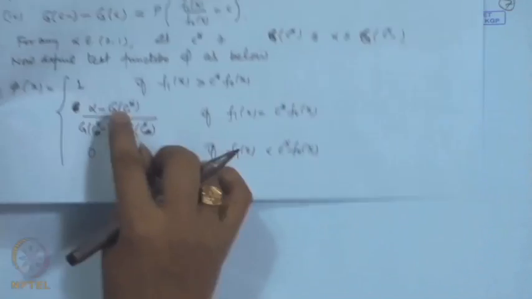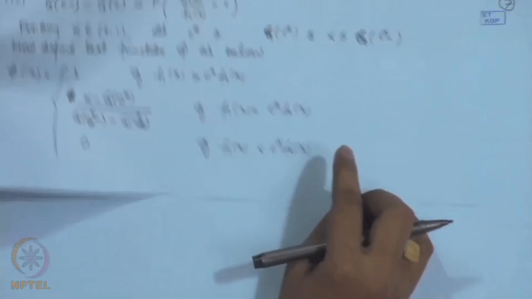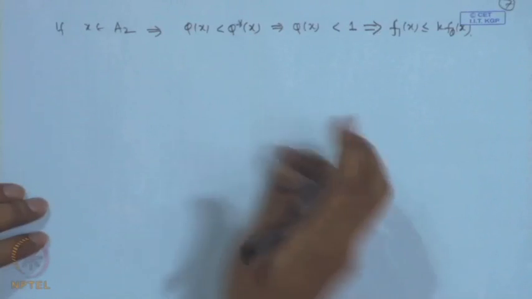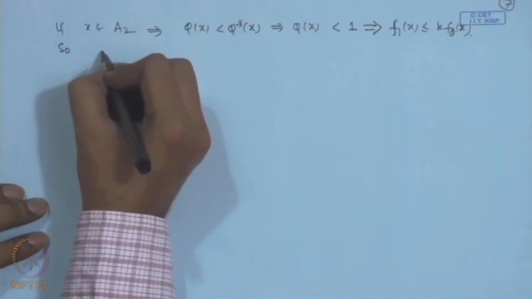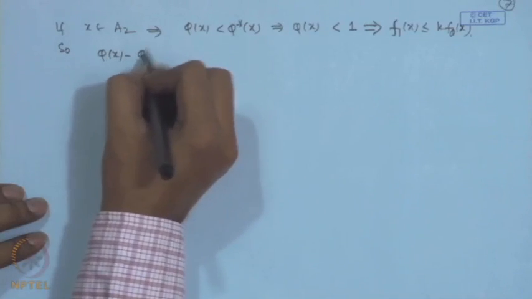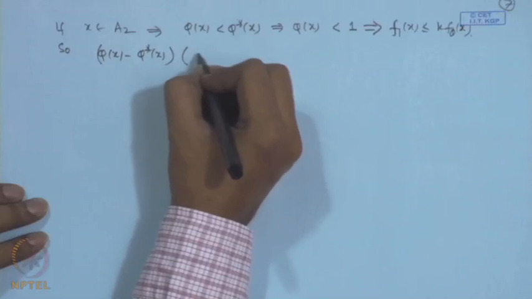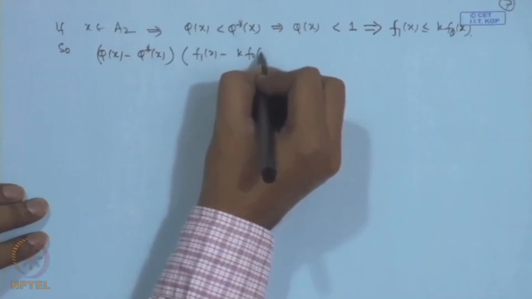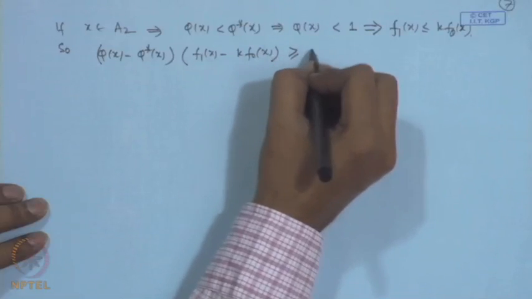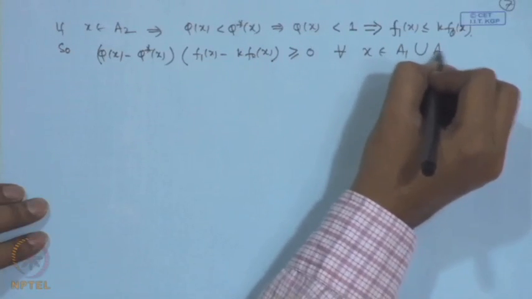Because in this portion and this portion we have f1 less than or equal to c star f naught. Therefore, what we have concluded here, that phi x minus phi star x multiplied by f1 x minus k times f naught x is greater than or equal to 0 for all x belonging to A1 union A2.